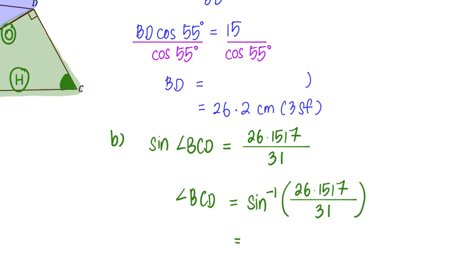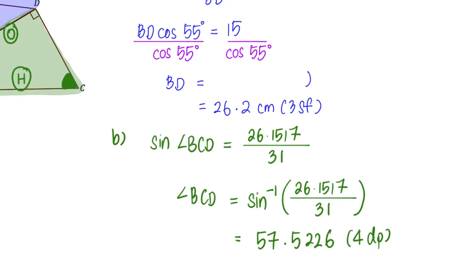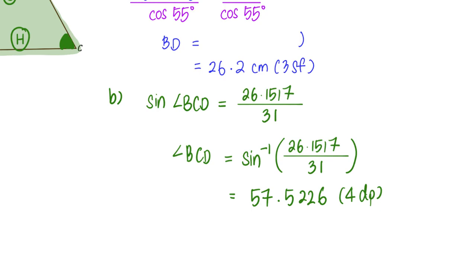And this will give me a value of 57.5226 to 4 decimal places, followed by 1 decimal place, 57.5 degrees to 1 decimal place.